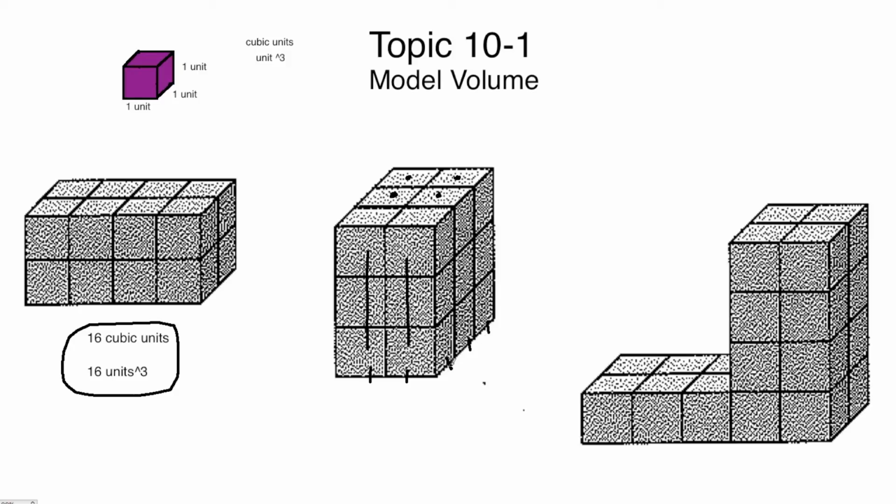2 times 3 is 6, times 1, 2, 3. So we had 2 times 3, which is 6. 6 times 3 is 18.